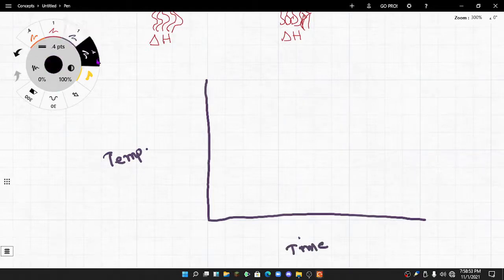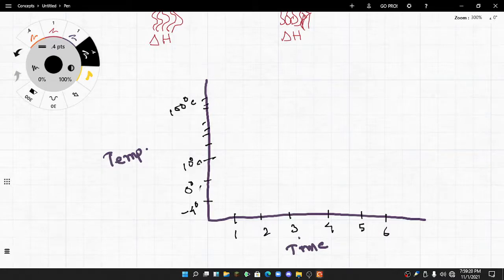In time, we got 1 minute, 2 minutes, 3 minutes, 4, 5, 6 minutes. Temperature we got -4 degrees, 0 degrees, 10 degrees, and let's say 100 degrees Celsius. Now let us see the movement of the particles. So we increase the heat.